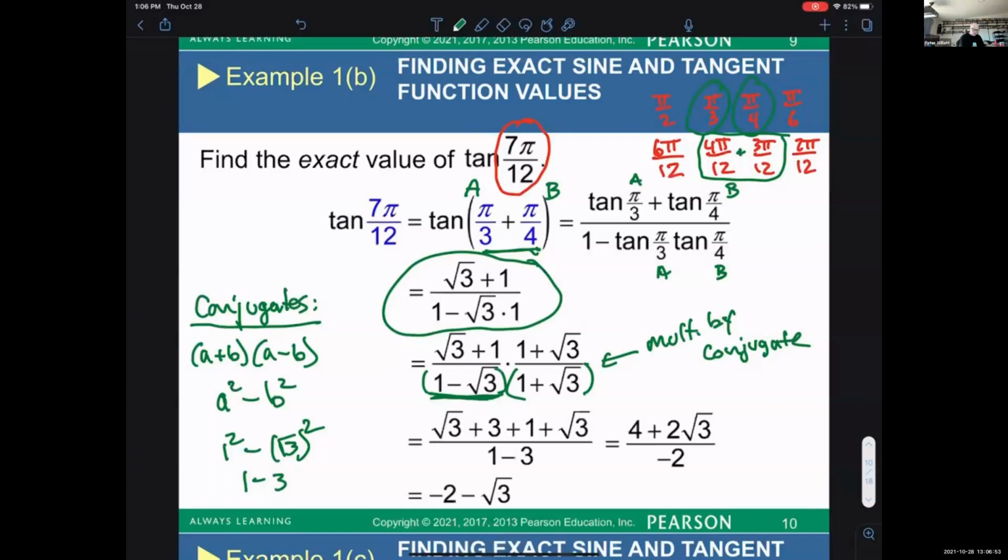Now, of course, if you're going to multiply the bottom by the conjugate, you have to also multiply the top by the conjugate. And so that's where this fraction of 1 plus root 3 on the top and the bottom was introduced. That's done to rationalize the denominator. So we're multiplying by the conjugate on the top and the bottom to rationalize the denominator.